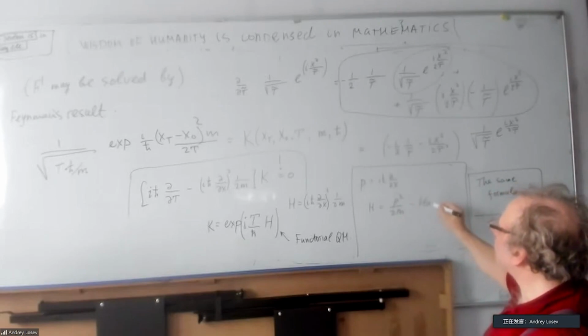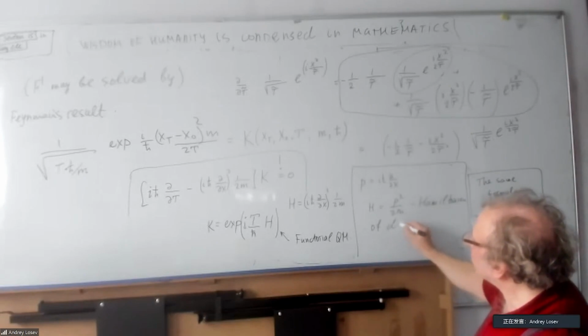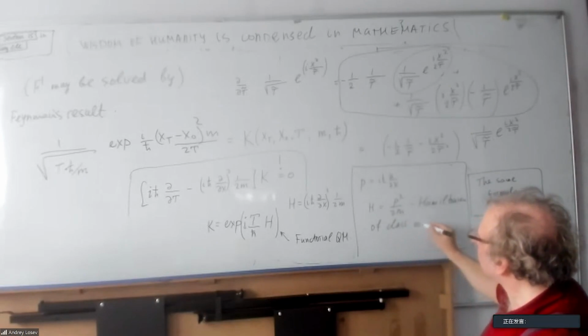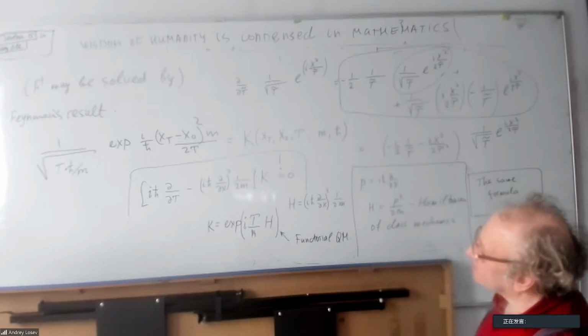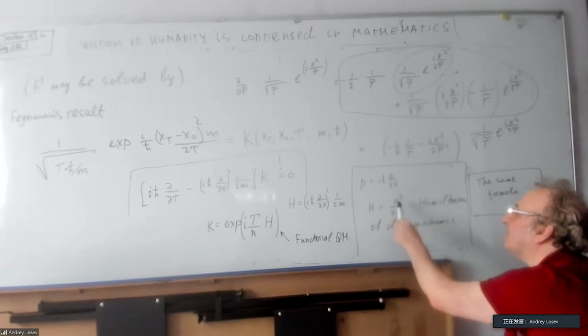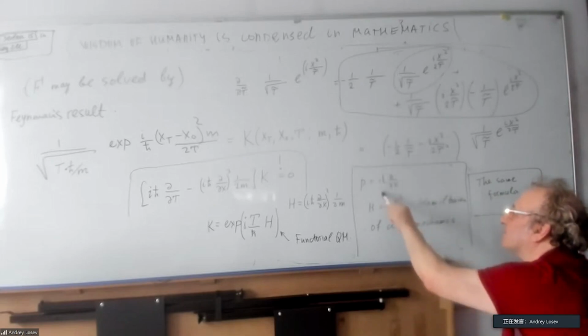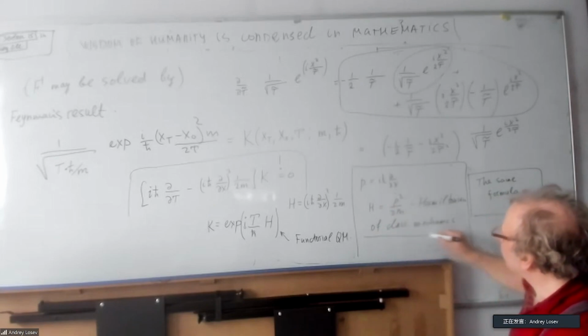That was the Hamiltonian of classical mechanics. And this way, replacing P in classical physics by this differential operator is called quantization.